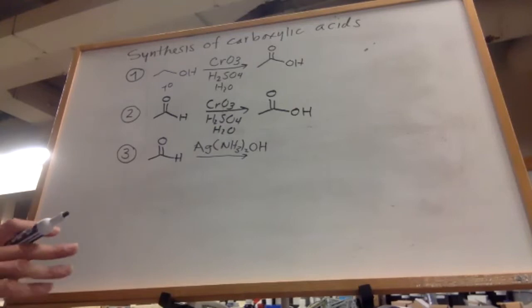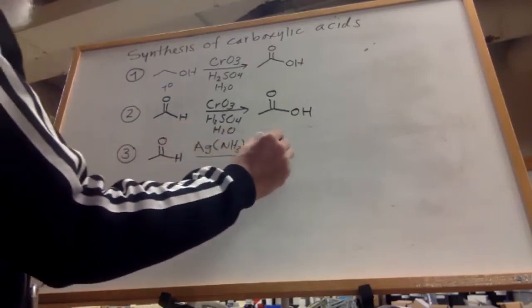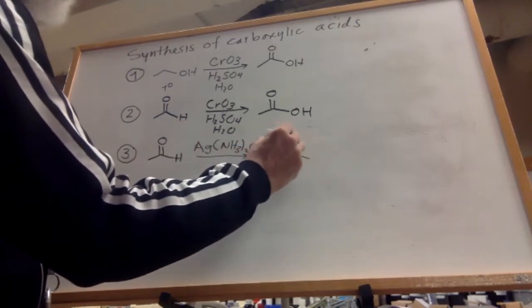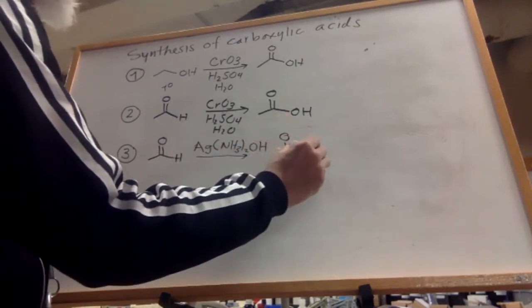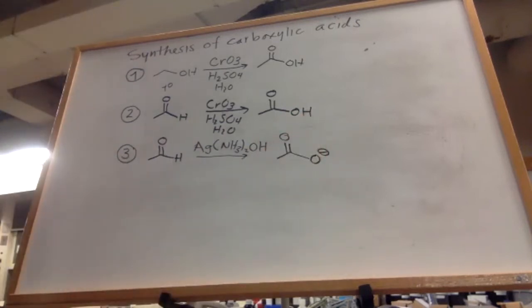And the conditions are basic, and so the aldehyde is oxidized to a carboxylate, right? And so why is that an O minus? Well, these are basic conditions. And you know, whenever you see a negative charge on an oxygen atom, you know that that's a base. So it makes sense that under these basic conditions, you're going to get this carboxylate.